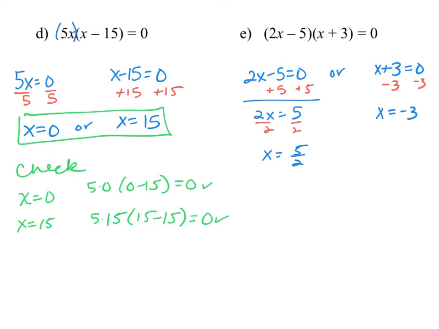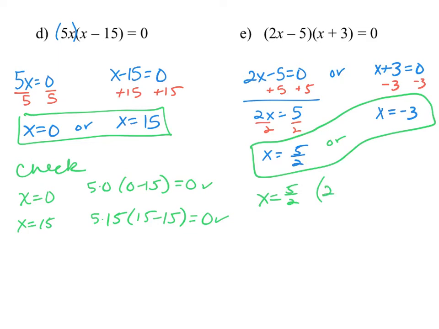And for the other factor, we subtract 3 from both sides, and we can solve that for x is equal to negative 3. We're going to check both of these answers, beginning with x equals 5 halves, and we get 2 times 5 halves minus 5 in the first factor times 5 halves plus 3.